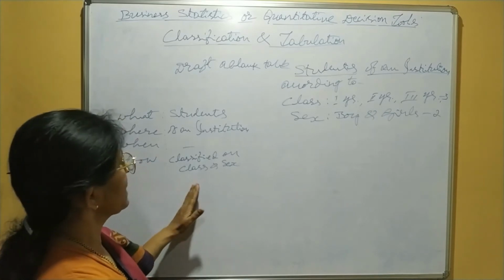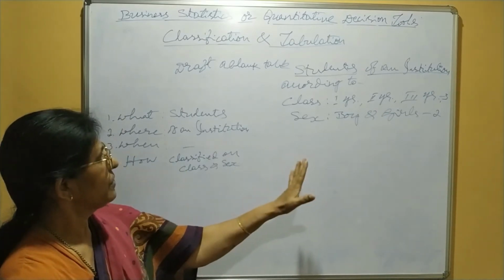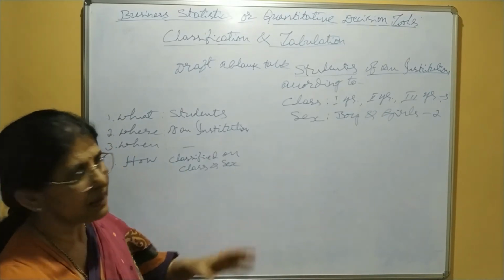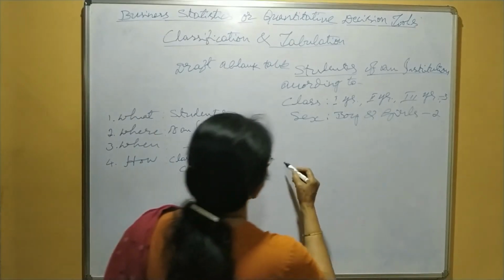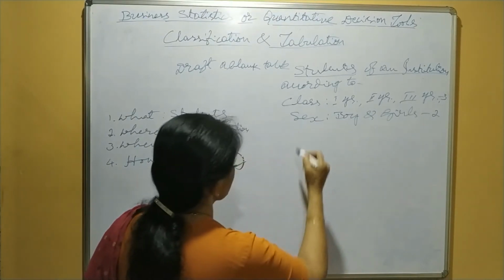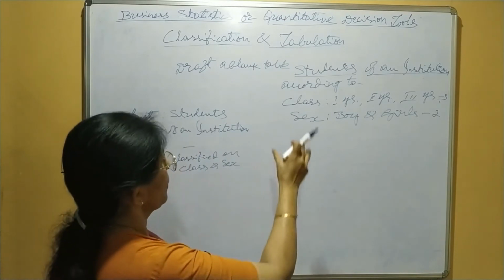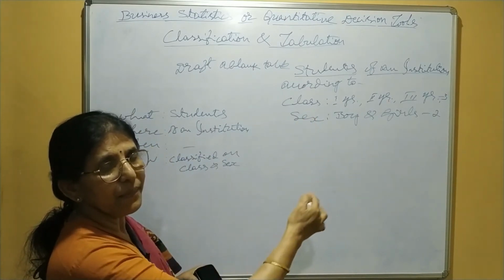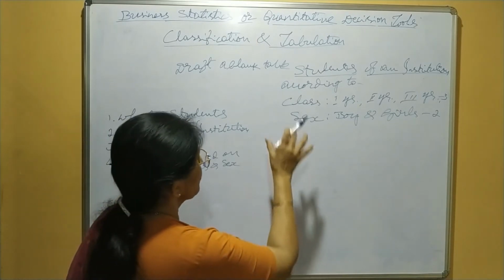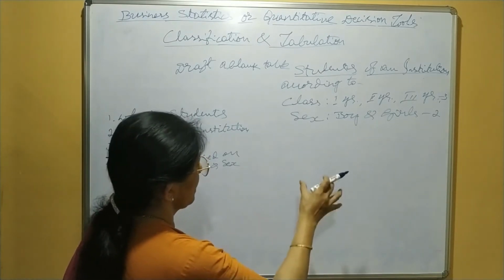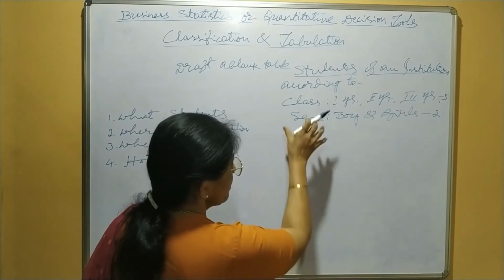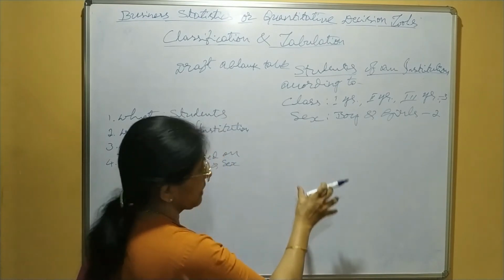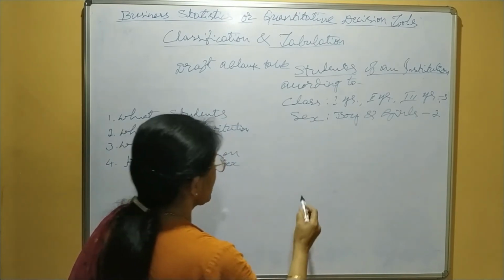Now, after deciding the title, we have to draw a blank table. First you leave the space above, because above the body of the table we have to take table number, title, then head note. They have to be placed in a proper place. Therefore, first leave the space for those approximately, then draw the table.